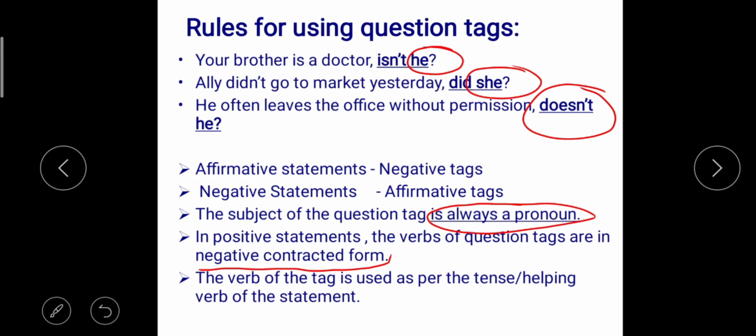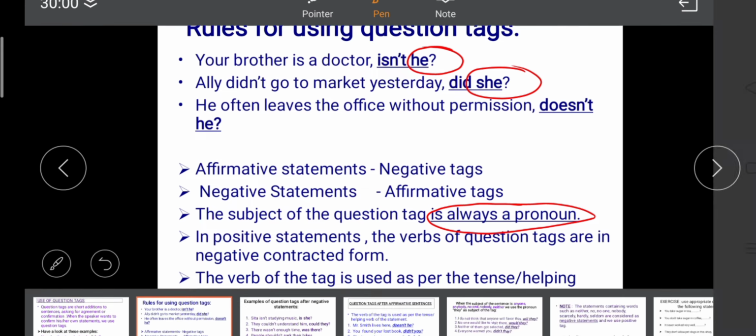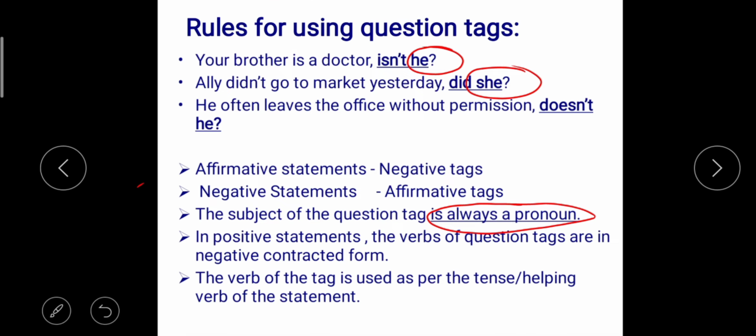Next, the verb of the tag is used as per the tense, helping verb of the statement. It means your brother is. Here the verb is. That's why the verb used in the question tag is isn't. It means जिस टेंस में सेंटेंस है उसी टेंस के अकॉर्डिंग आपको वर्ब यूज करना है.